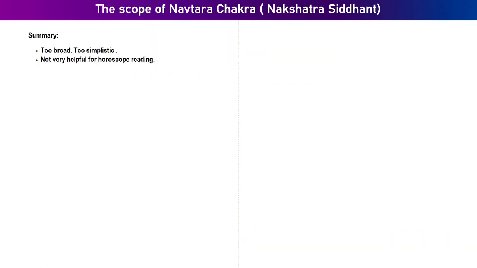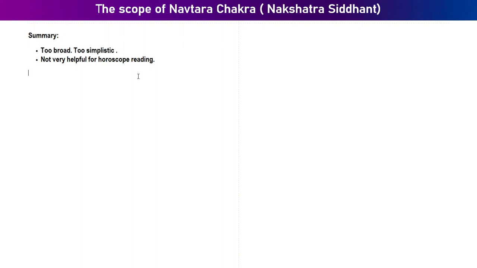So here is my summary based on our experiment that we did with the Navtara. We found that this is a too broad and very simplistic kind of method, and it is not capable of helping for any detailed horoscope reading.